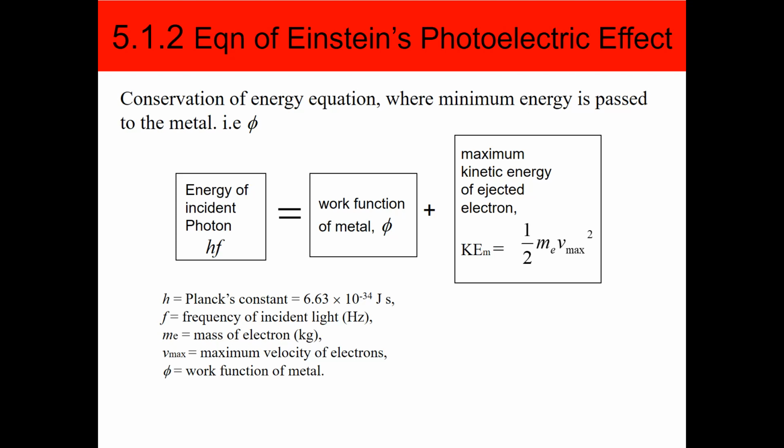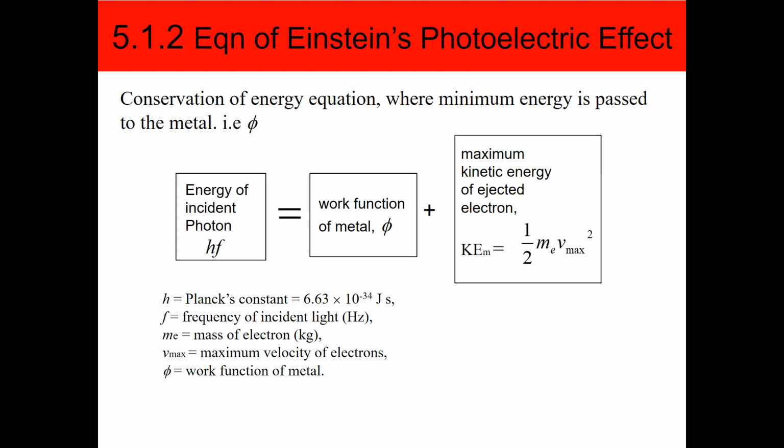You have many photons coming in, you have a range of electrons coming out, a range of energies, but you're looking at just the fastest in Einstein's photoelectric experiment. Right? So energy of photon does not change. Work function, he chooses the particular energy, the minimum energy required, which means whatever you have left is the maximum energy of the electron. Okay, so this is Einstein's photoelectric effect.